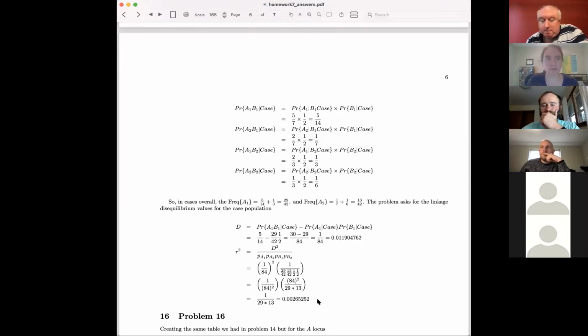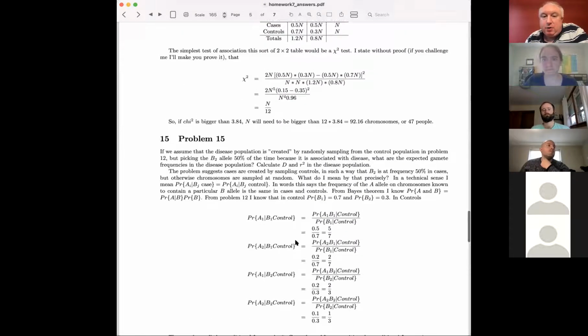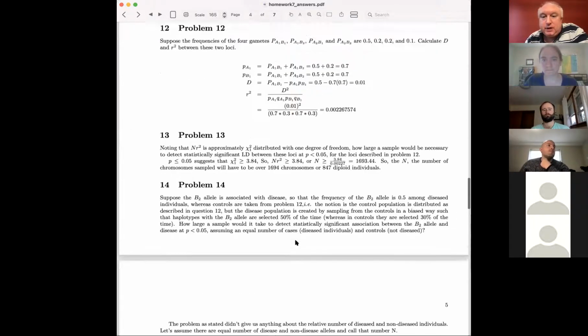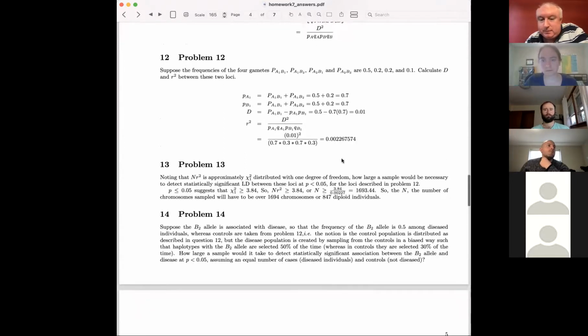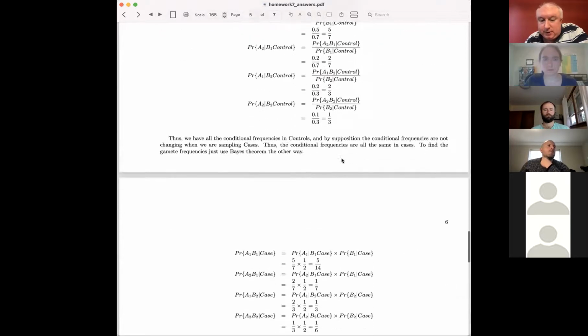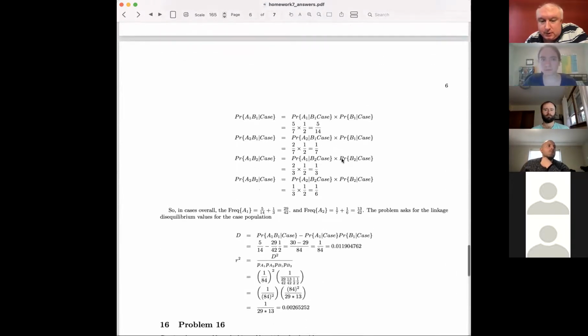Can I show you what I did? To remind ourselves before you do, when we calculated R squared in controls, we got 0.2267. And when we calculated it in cases, we got 0.0265, something like that.